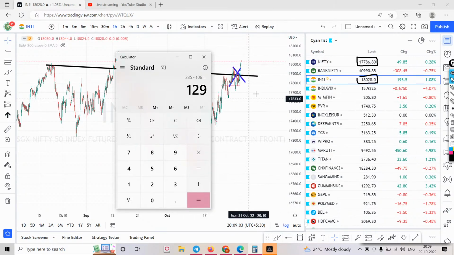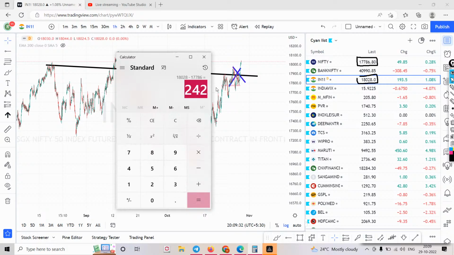Let me show you the difference, 18,028 minus 17,786. So SGX Nifty is almost, is it 758? Or did I do something wrong? Sorry, I might have done it wrong. 18,028 minus 17,786.